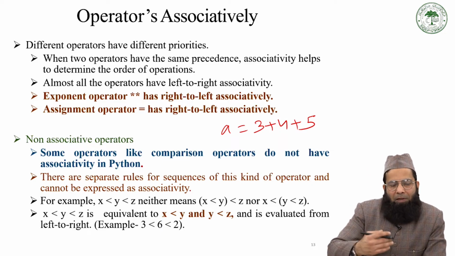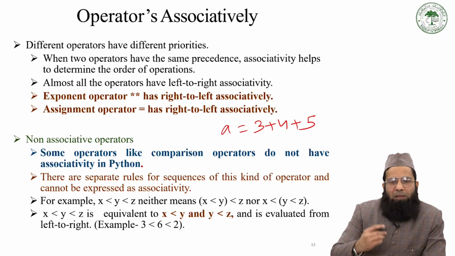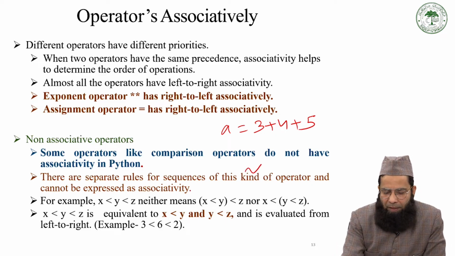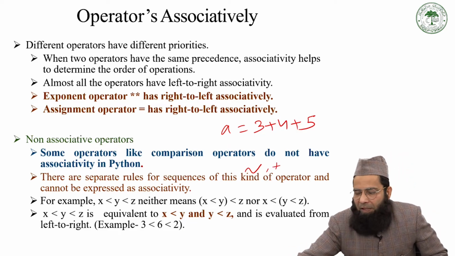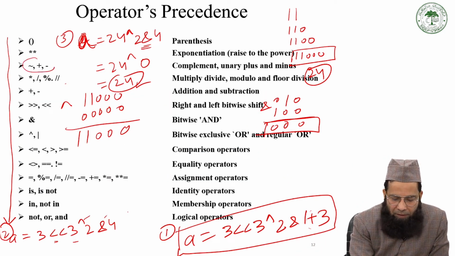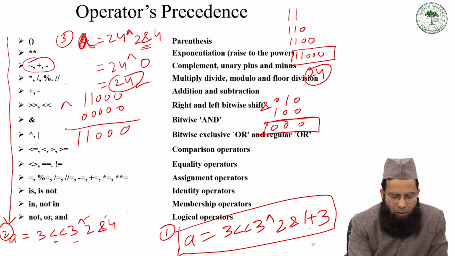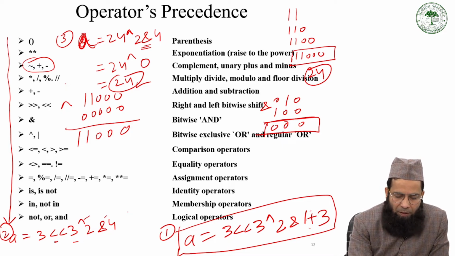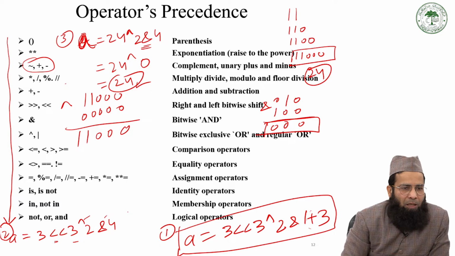But in several instances where the precedence is the same, like unary plus, unary minus and complement, which have the same precedence, or multiply, divide, modulo, and integer division, which have similar precedence.